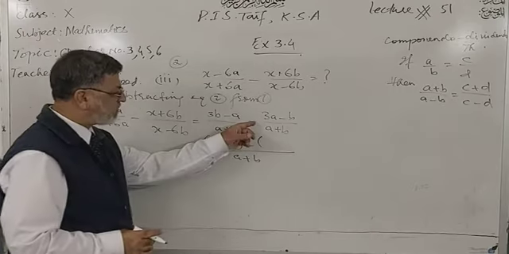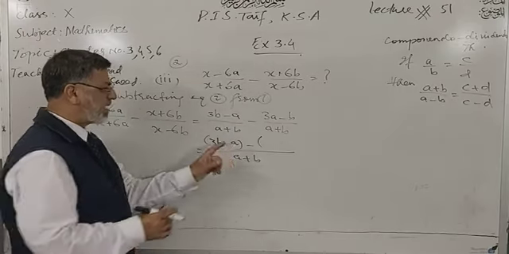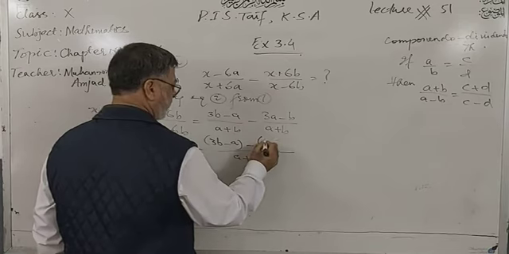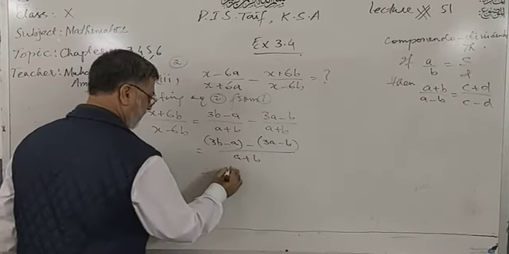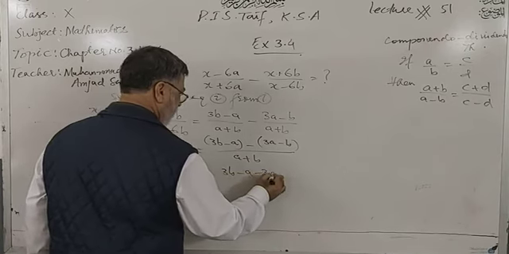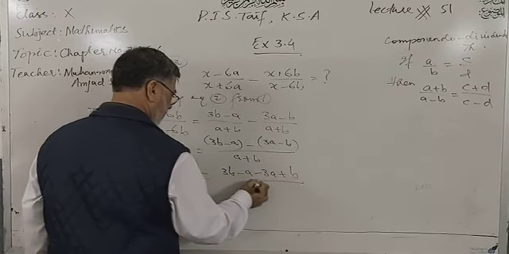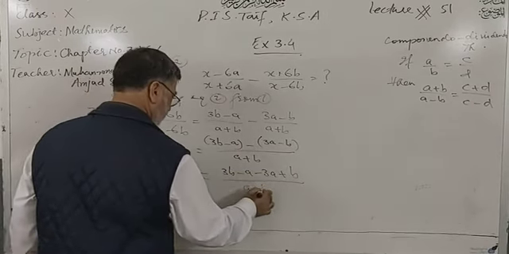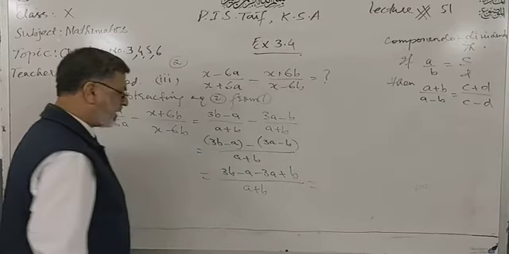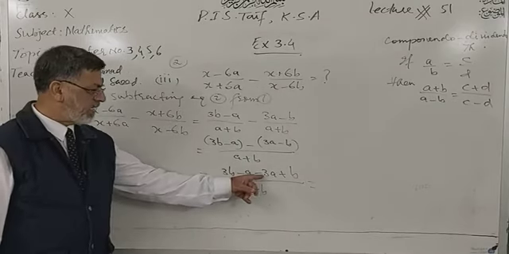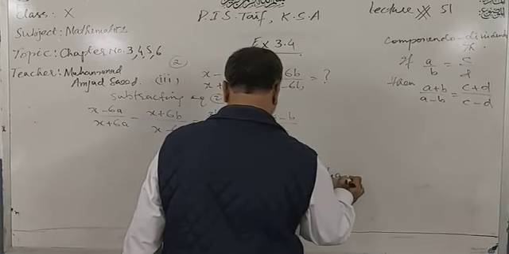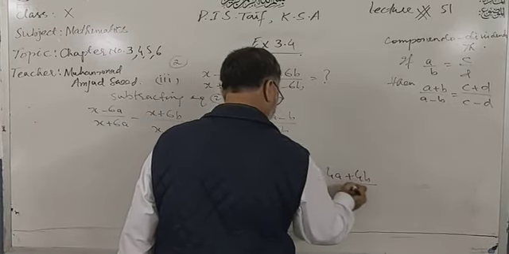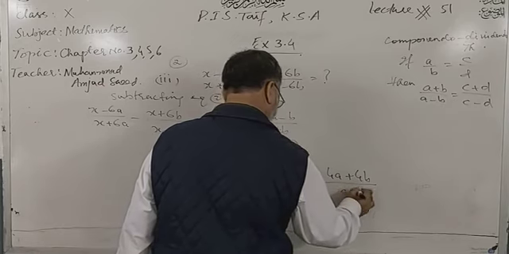Minus, if there is a negative sign, write down the terms inside the brackets. Otherwise, you will make the mistake of sign. 3b minus a minus 3a plus b over a plus b. Dear students, we have minus 3a and minus a is minus 4a and plus 4b over a plus b.